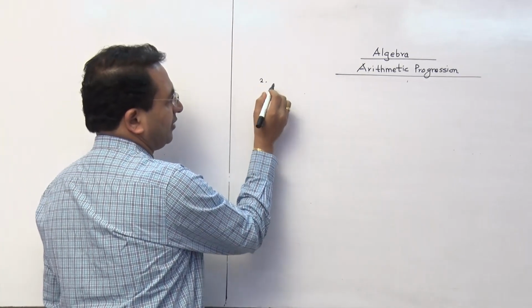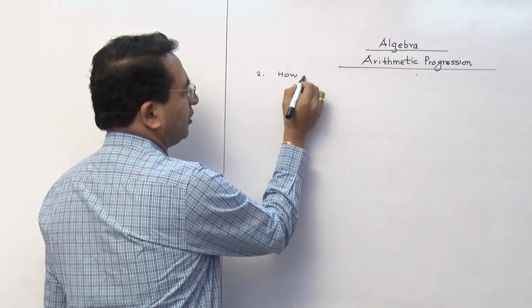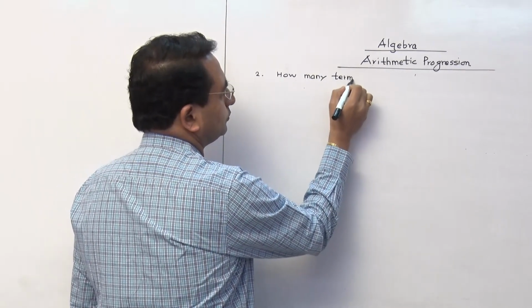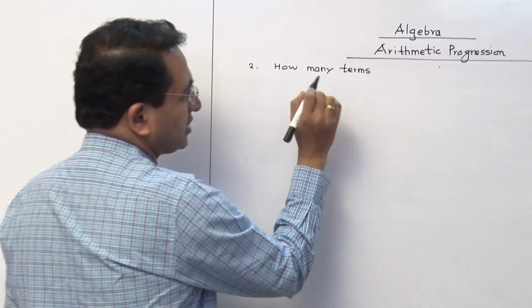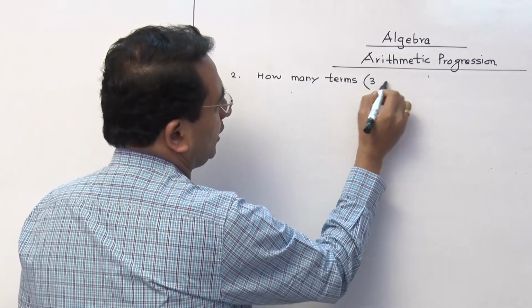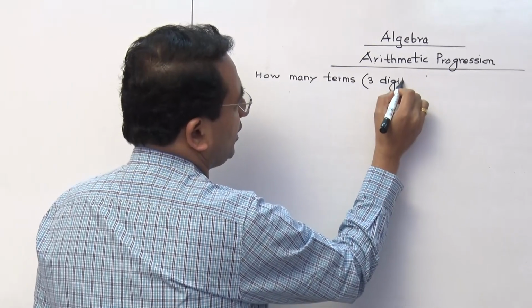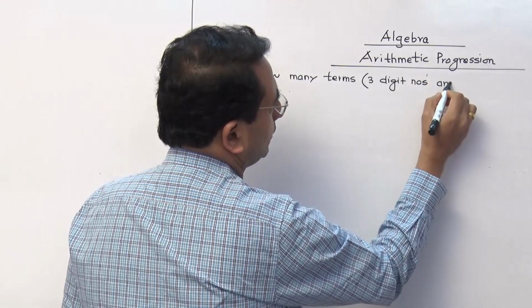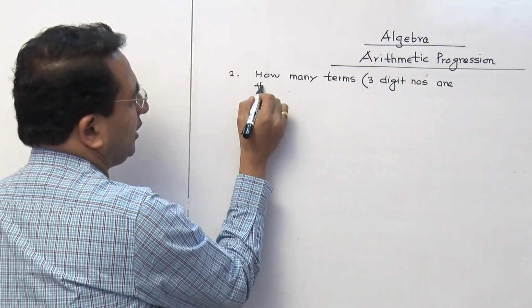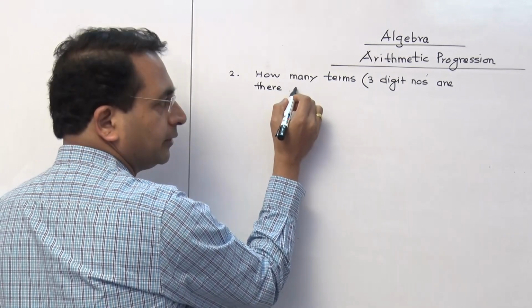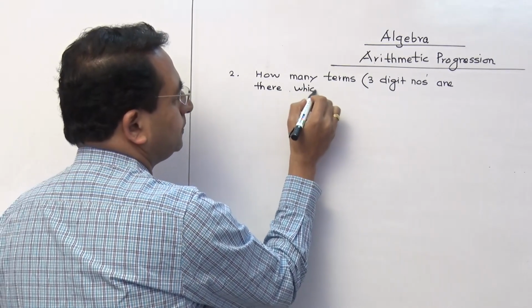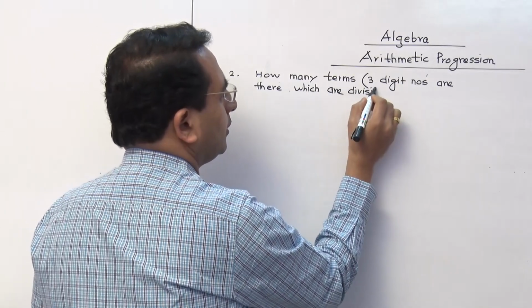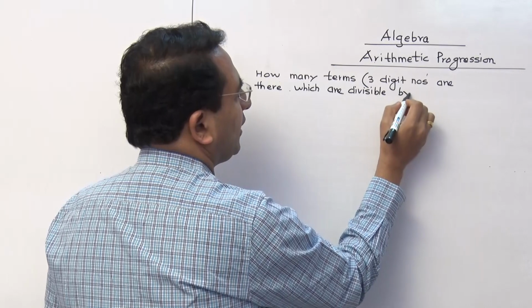Question number 2, I am saying. The question is, how many 3-digit numbers are there which are divisible by 5?